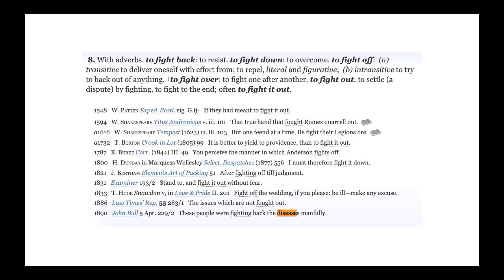Now, fight, you think, well, that's not a metaphor, fighting disease. But actually, people didn't really start talking about fighting disease until the 20th century. I couldn't find fighting disease in any entry, except this one in the OED. Now, of course, that doesn't mean that people didn't say fight disease before that.